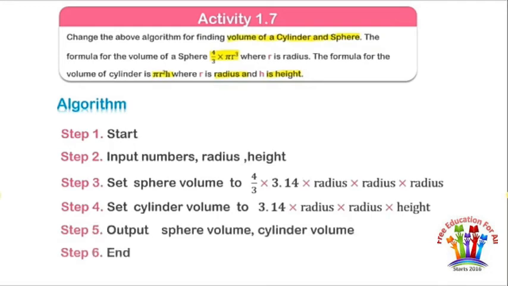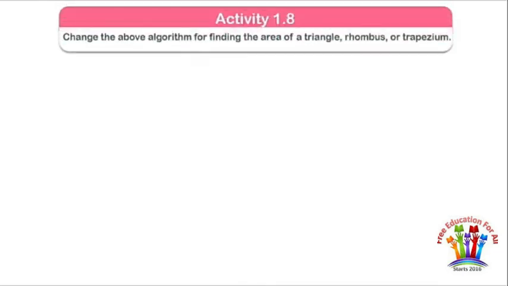And you will get the answer in the algorithm. Now let's move to activity 1.8, where you have to find the area of a triangle, rhombus and trapezium. First of all I will write the algorithm for the area of a triangle.